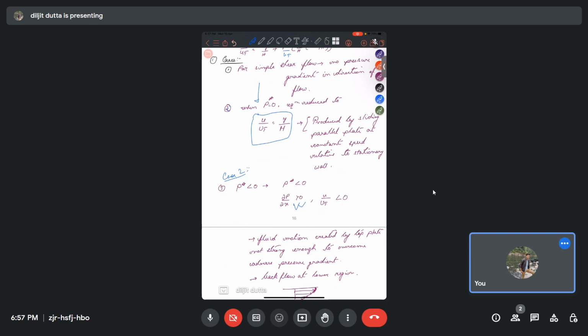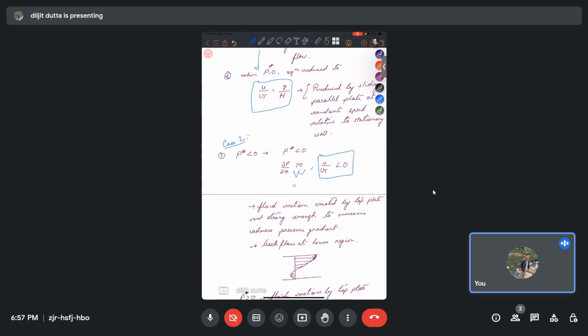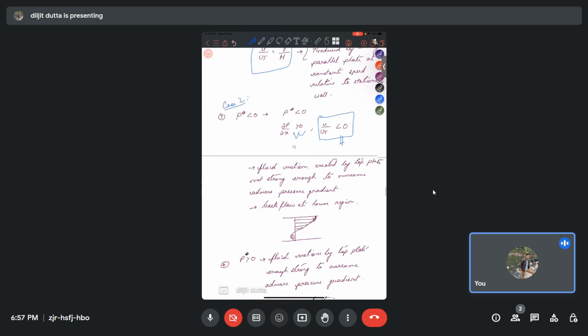The direction of velocity of flow will be different to that of the velocity of the wall, that is the moving top plate. In that case, the fluid motion created by the top plate won't be strong enough to overcome the adverse pressure gradient. So there will be a backflow in the lower region. The velocity will be negative in this lower region and positive in the upper region.